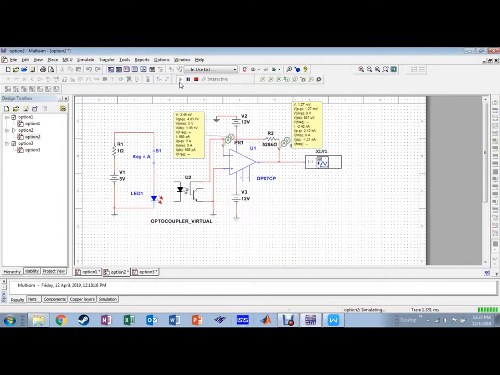Run the simulation. Okay, the value of the voltage at point D is 168 nanovolt and the current is 686 picoampere. Meanwhile at point F, 44.4 millivolt and the current is negative 84.6 nanoampere.